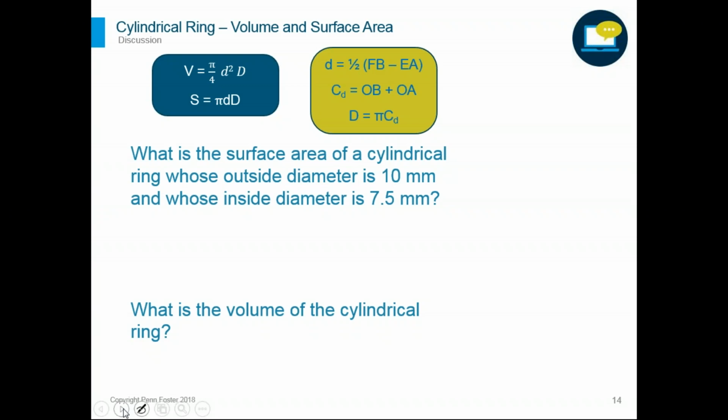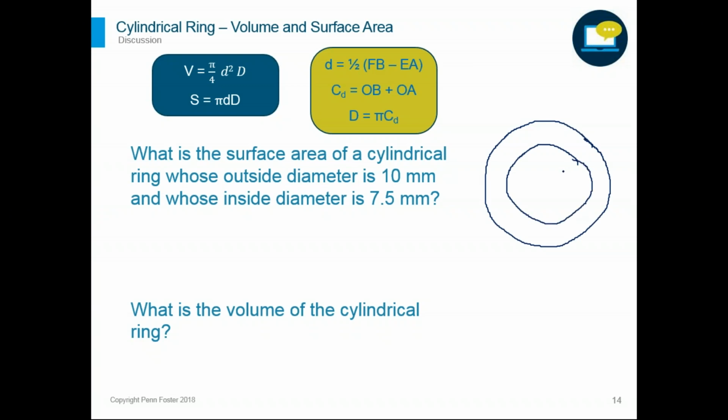With cylindrical rings, I like to draw myself a little drawing, and I did not make it previously, so I'm able to show you how you can do that yourself. So it's a bigger circle, and then inside a little circle. So this is O, the origin. This is the outside diameter given.